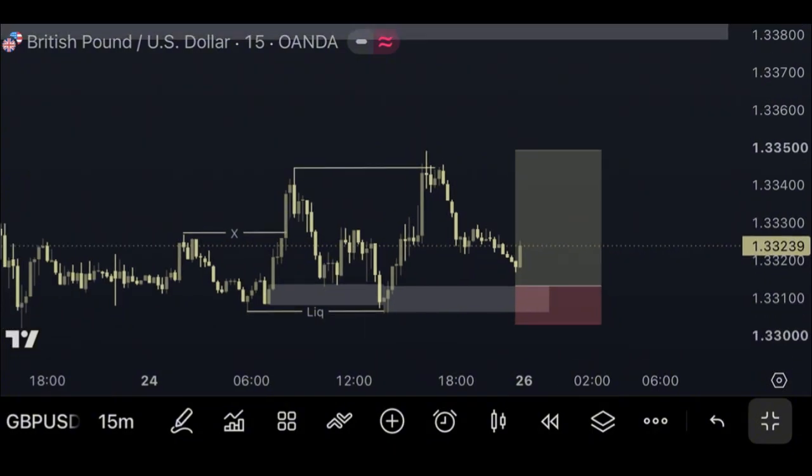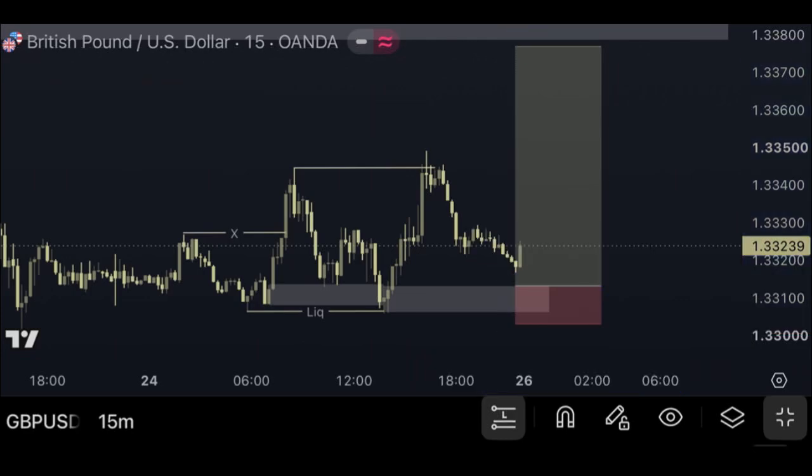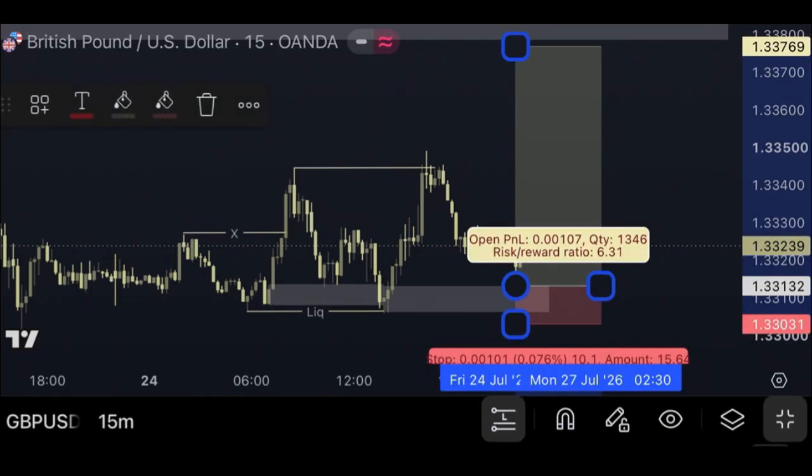But if you decide that you can still hold it to this supply zone before you exit, it is around 1 to 6. But me personally, I will not hold my trade up to 1 to 6 because anything can happen. A pullback can happen, news can happen, something can just happen after 1 to 3 or 1 to 4, and I see myself in red or hitting break even.